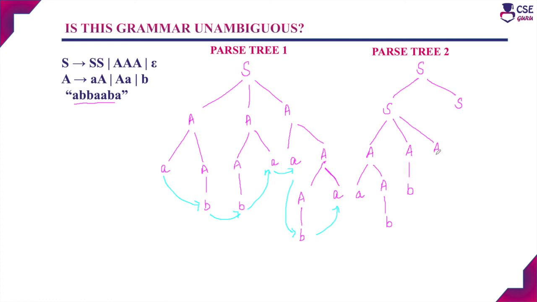And next for this non-terminal A, we will apply the production rule. And the next input we have to get is A. So we will apply the production rule A derives AA. And next input we have to get is A. So for this non-terminal A, we will apply the production rule A derives AA. And for this non-terminal A, we will apply the production rule A derives AA.